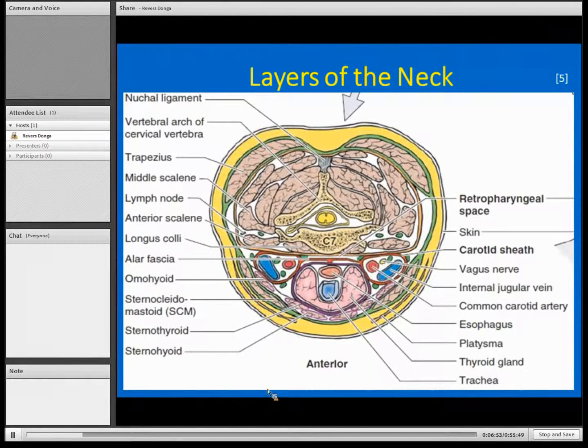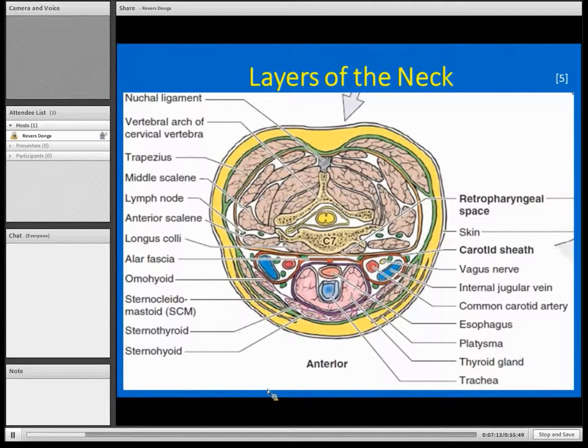So the investing layer invests the trapezius and the sternocleidomastoids, and it acts as a corset to just keep everything in the neck. The pretracheal fascia surrounds the thyroid, the esophagus, and the trachea, and keeps them in there. You've got the prevertebral fascia, which covers the vertebra and the muscles associated with it, and that goes all the way down the back.